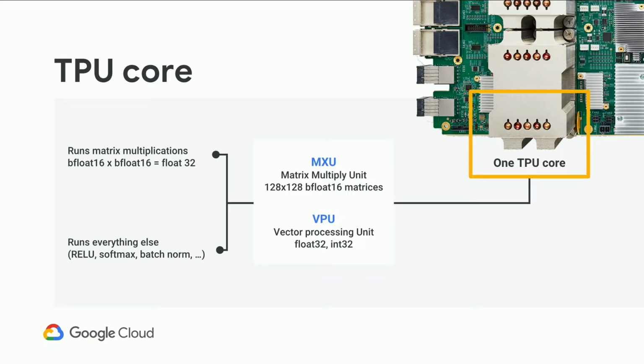It's a 16-bit floating point format that is slightly different from the traditional float16 format. But internally, when you perform a matrix multiplication in bfloat16, intermediate results and accumulations happen in float32. So it's a mixed format. And of course, there is also a general purpose processor, the VPU, Vector Processing Unit, which is optimized for vector processing.